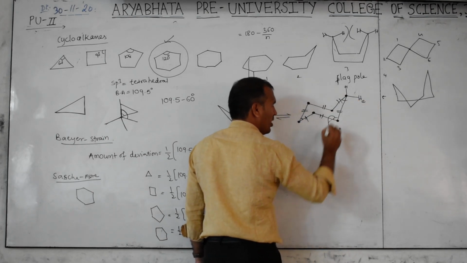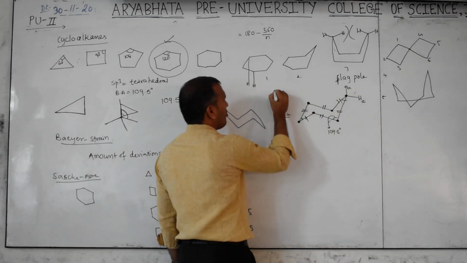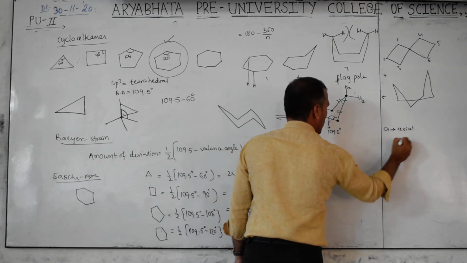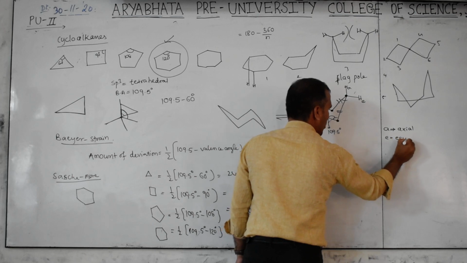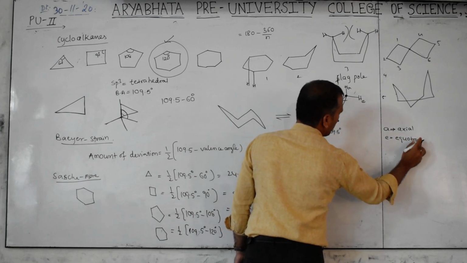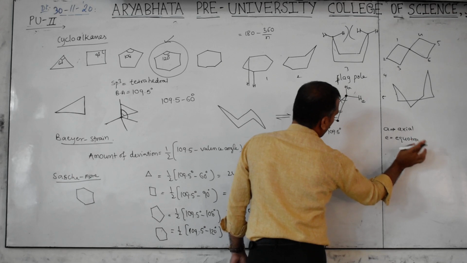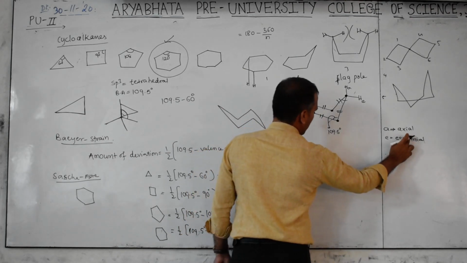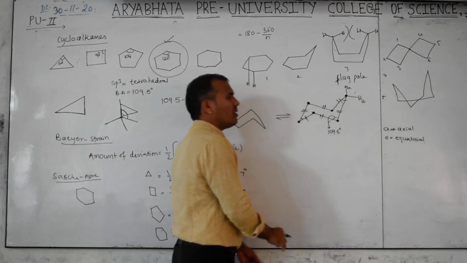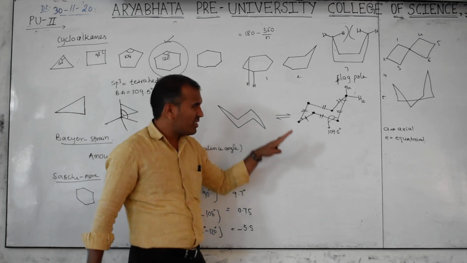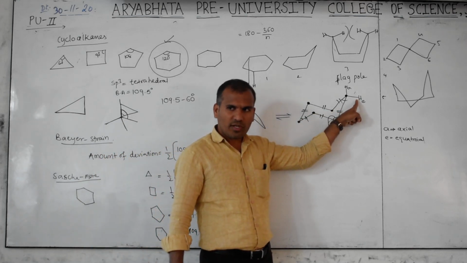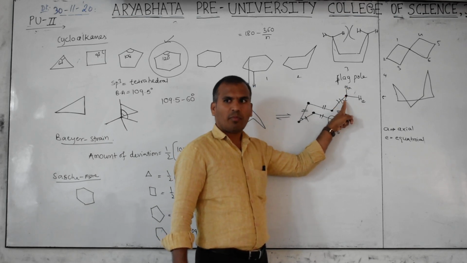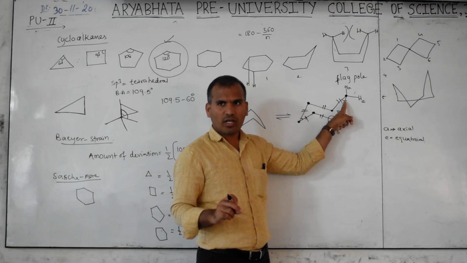That's why I will write E here. A means axial, E means equatorial. This is spelling you can check from the book. Equatorial means it is along with the plane. Equatorial hydrogen is present along with the plane, but axial hydrogen is perpendicular to the plane. Got the point?